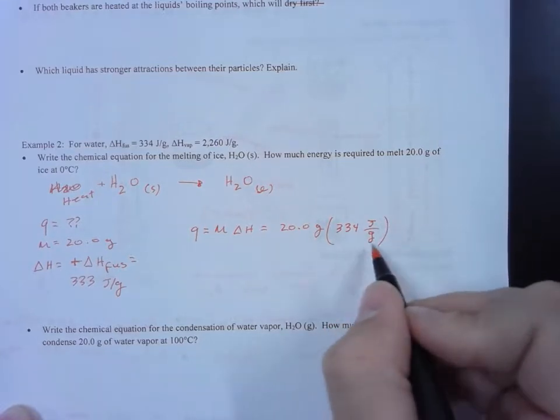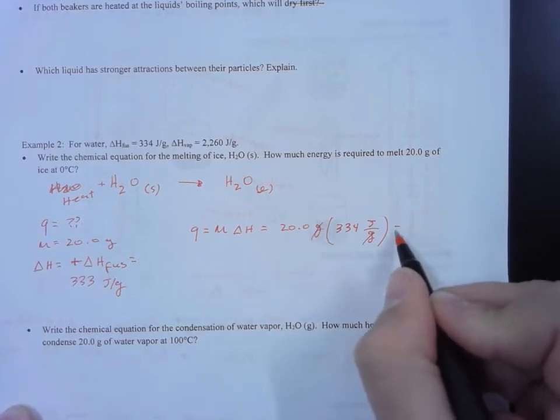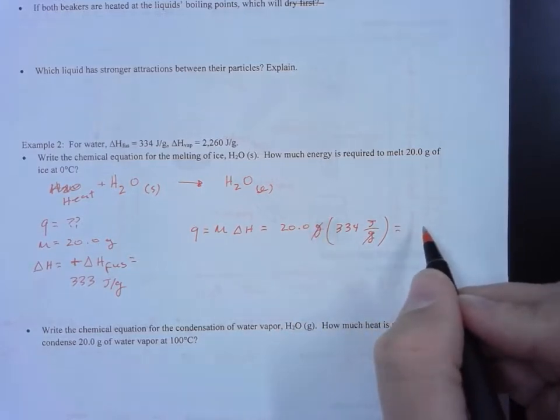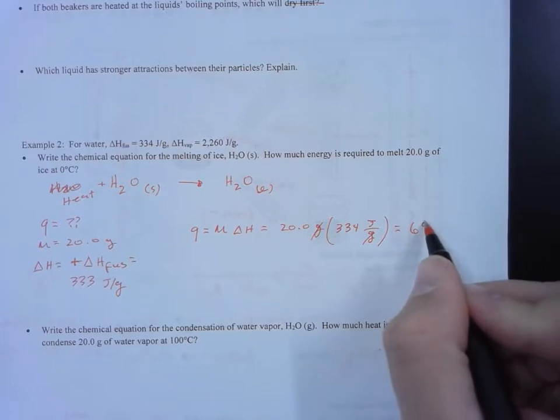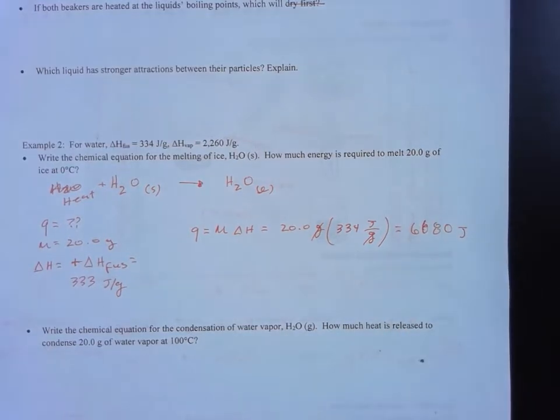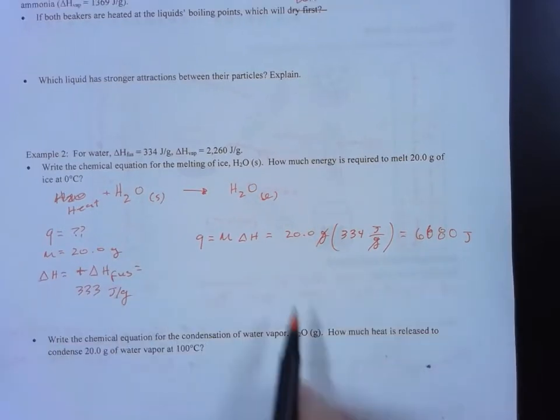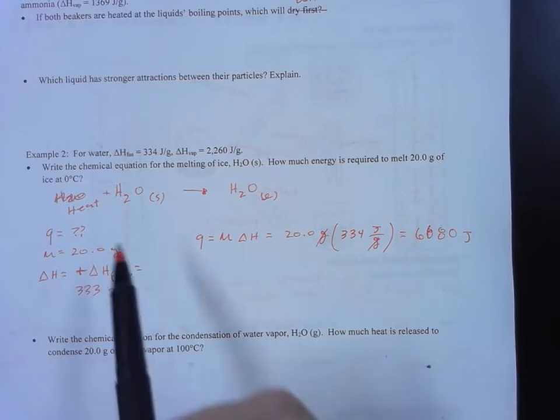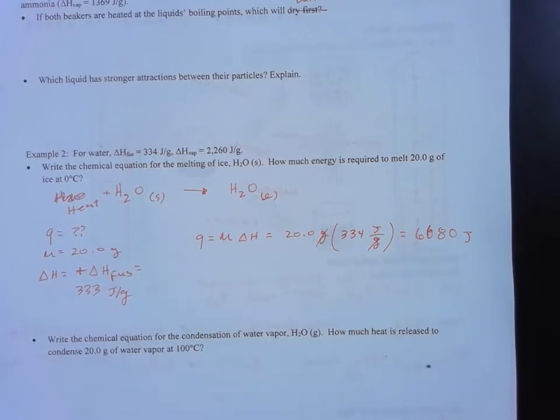And that's it. That's all you gotta do. Cancel out grams, and when you do that math, you get 6680 joules. That's all you gotta do. It's a lot of stuff, but the math actually is pretty easy, and the formula is actually easier than the one we did before.